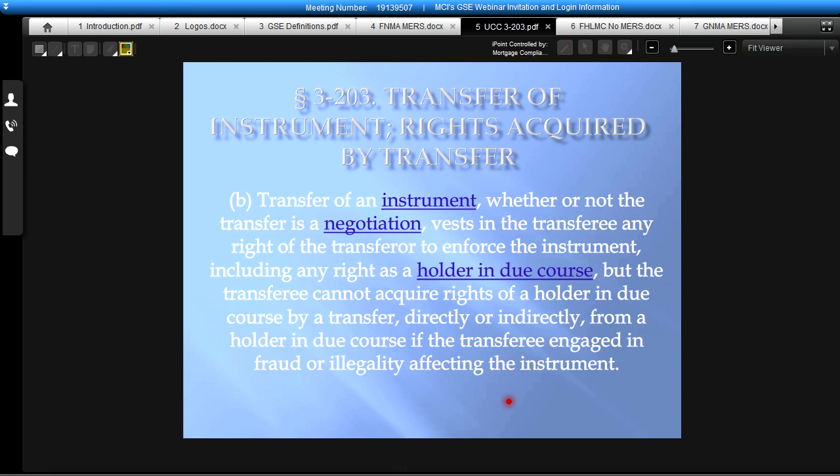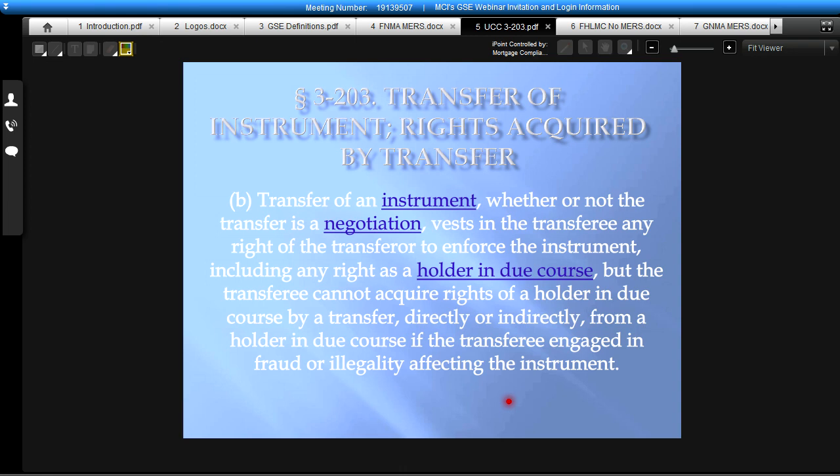3-203B, transfer of an instrument, whether or not the transfer is a negotiation, vests in the transferee any right of the transferor to enforce the instrument, including any right as a holder in due course.